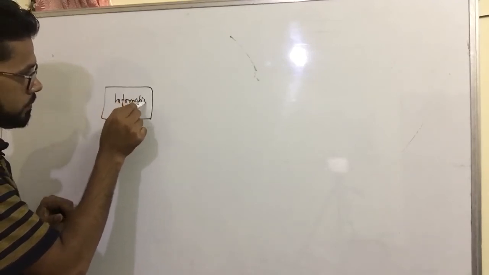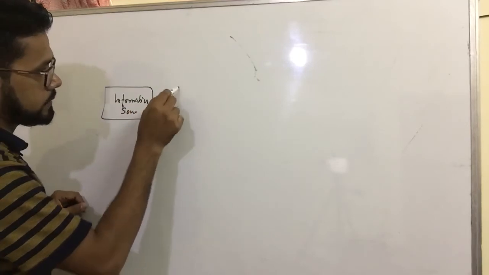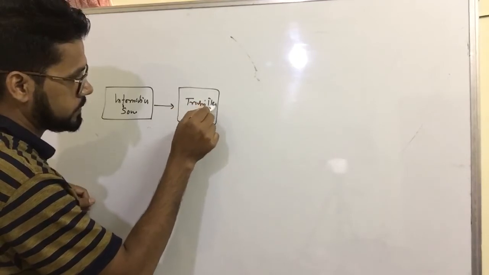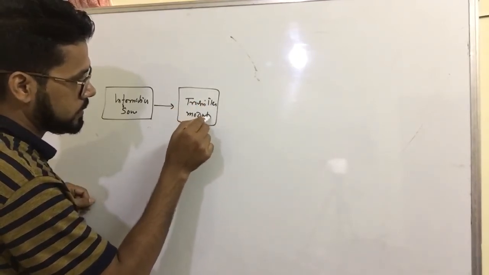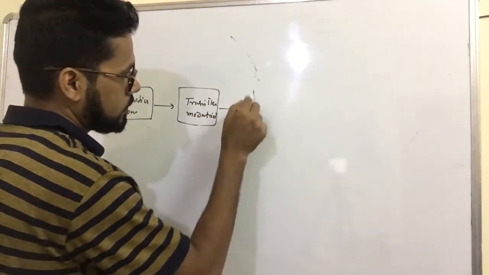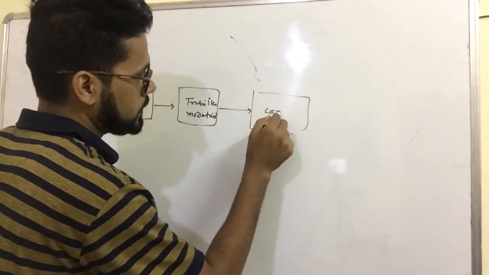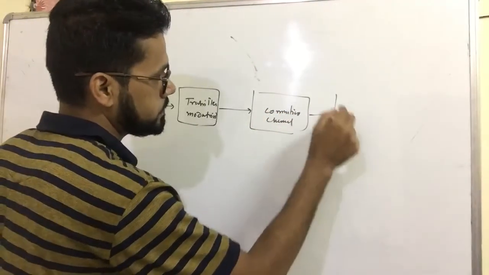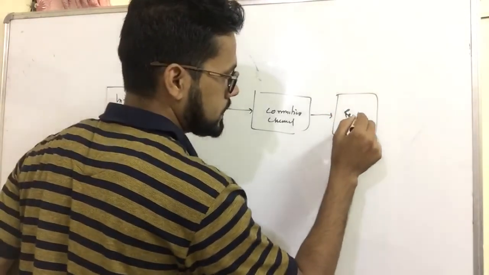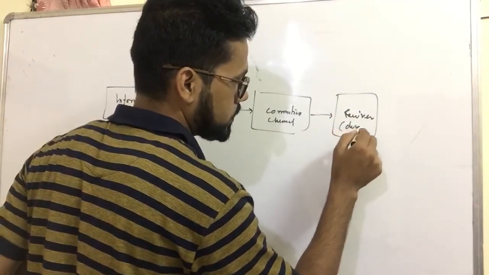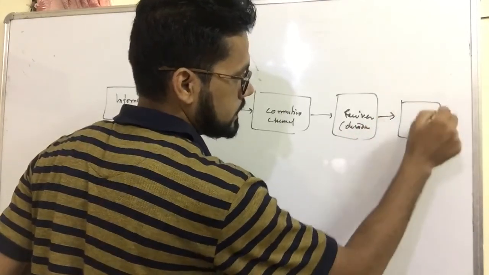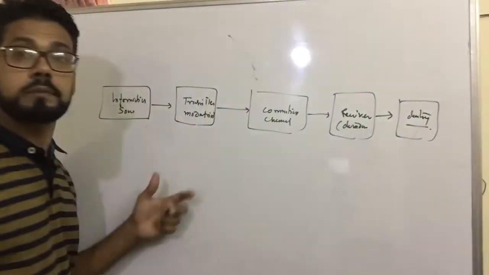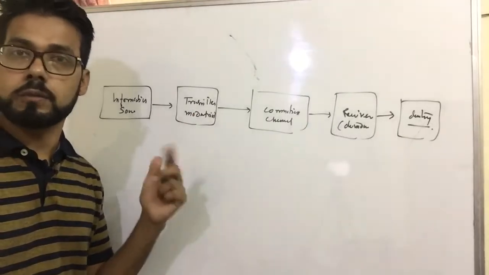Information source, then transmitter, with modulation also there, then communication channel, then receiver, demodulation, and destiny. Destiny means where we want to send. This is the basic block diagram associated with the general communication system.